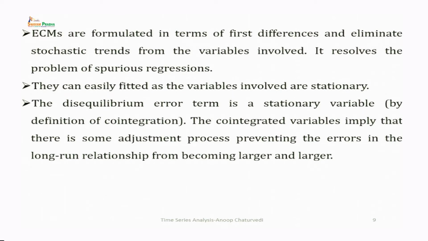then this prevents the two variables from moving far from each other, or in the long run you can say that there is some adjustment process working which prevents the errors in the long run relationship from becoming larger and larger, or which is preventing the two series from moving in different directions.